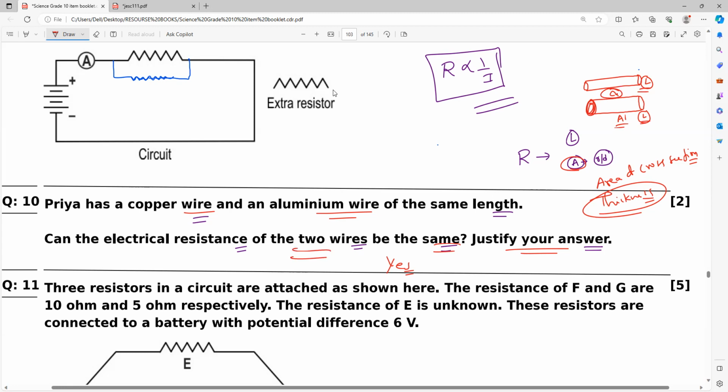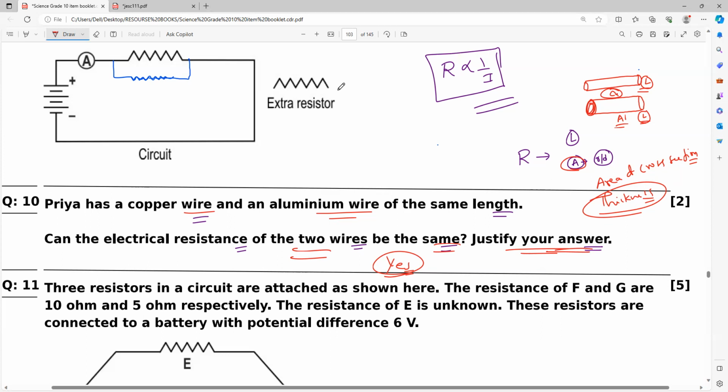Remember, if you write yes, your mark is not given unless you write the justification. Justify your answer. So you have to write resistance does not only depend on length. Of course, nature of the materials matters, but conductors of variable area of cross section can attain the same resistance.